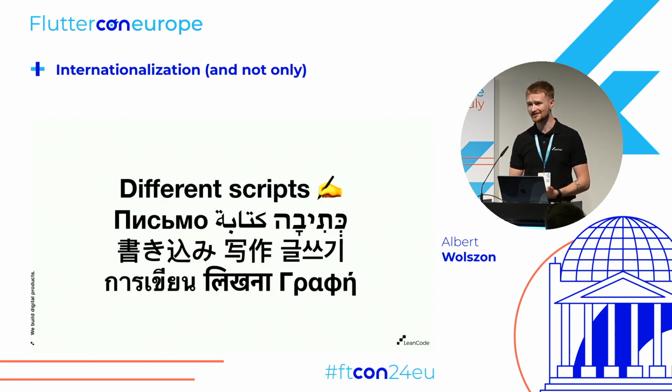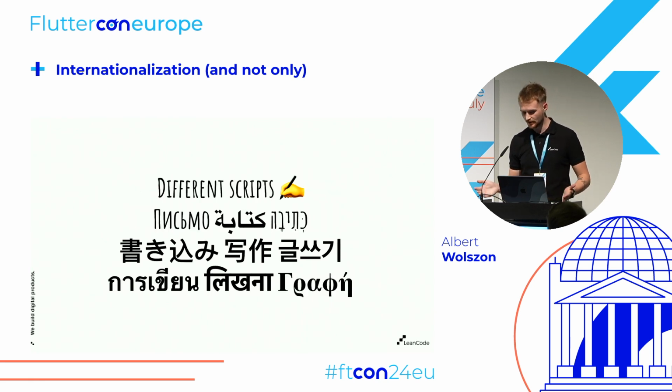Next thing, different scripts. What you see here is the word script, but in different languages that use different scripts. We have the Cyrillic, the Arabic, the Hebrew, and other scripts. When you are creating an application that supports all of these languages, you might also want to test if your UI looks the way you want it to, because otherwise there are some problems like the font support for a given locale.